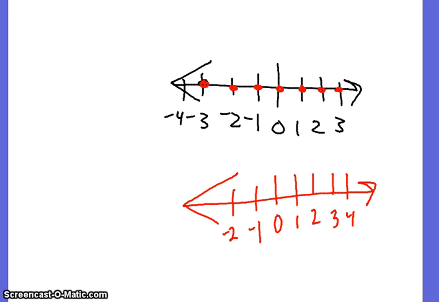On that line, graph the whole numbers. Look at your chart and tell me which ones are whole numbers. 0, 1, 2, 3, and 4. Okay? And again, no line, because whole numbers do not include fractions or decimals. Okay? So I just represent that with dots.